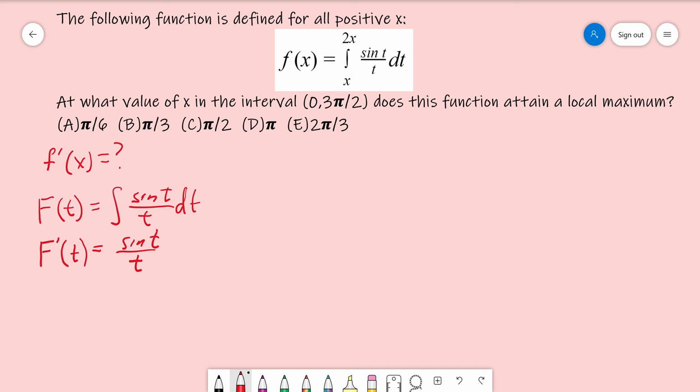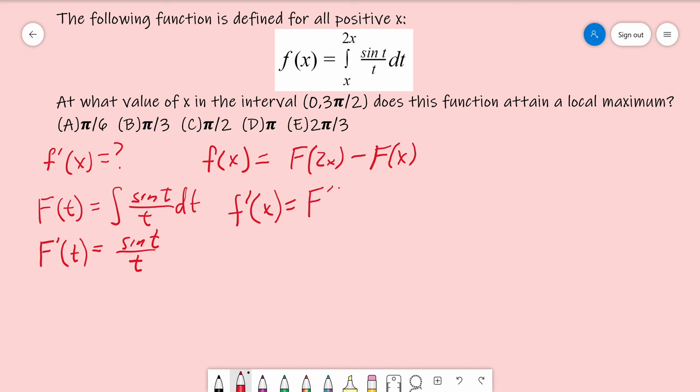So if we evaluate this function f of x, we can rewrite it as big F of 2x, because it's a definite integral, so we have to take the antiderivative at 2x and subtract the antiderivative at x. And if we're looking for f prime of x, we're going to have to use the chain rule here.